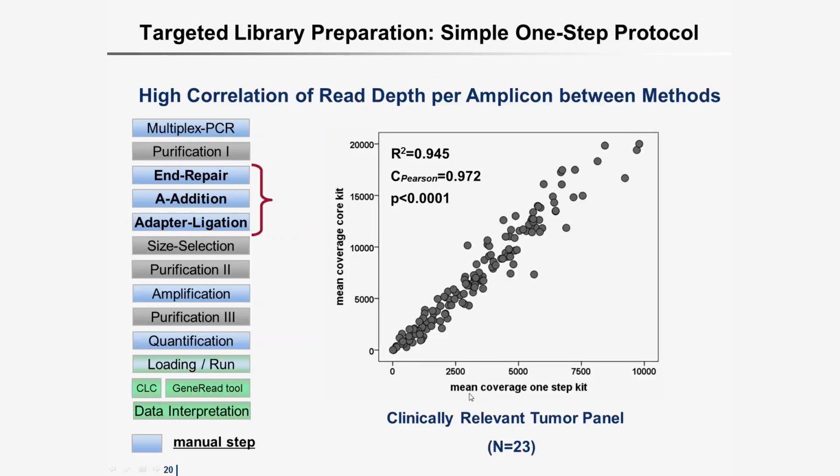Then we compared the mean coverage of each amplicon of the one-step kit with the core kit, and you see that we have a very high correlation and also a significant correlation of the read depth.